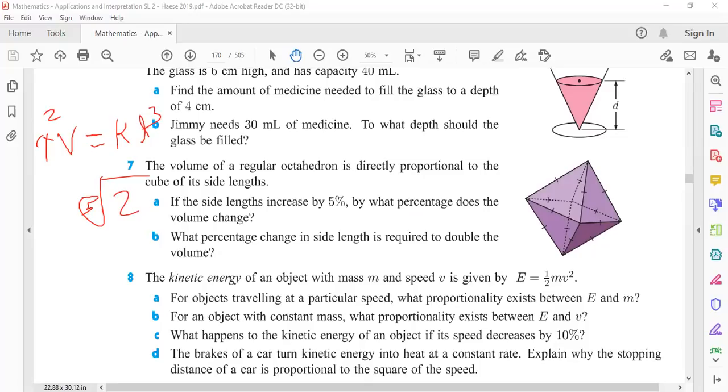It's 1.26. So minus 1 is 0.26 and multiply by 100 is 26%. So if the length is increased by 26%, then volume will be doubled.